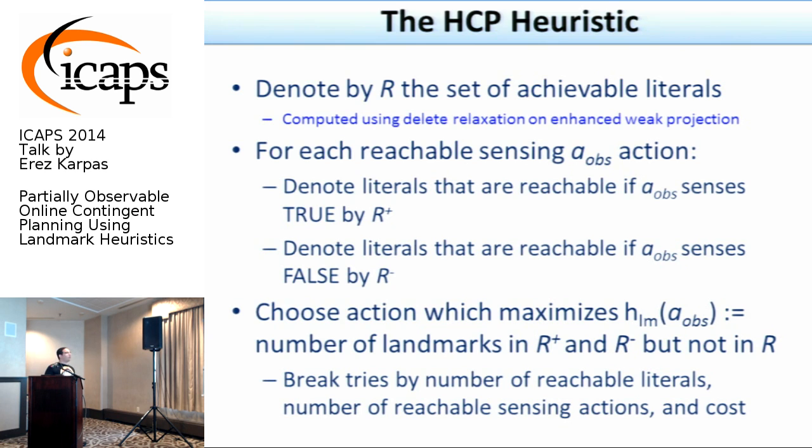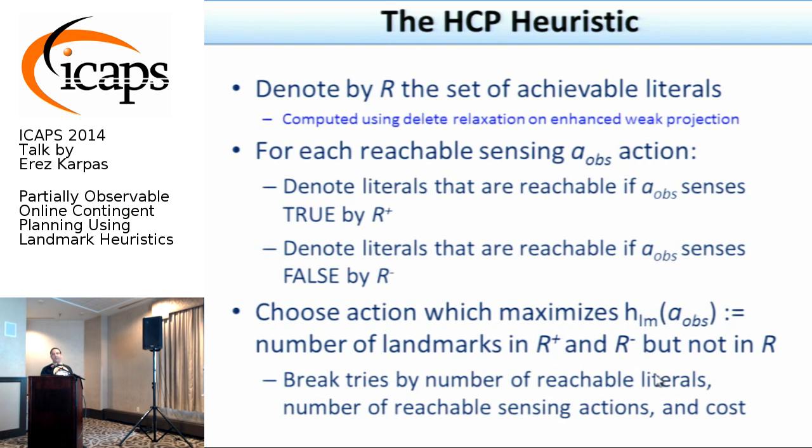So we're going to assume that our observation action senses true and denote the literals that are reachable by R+. And then we're going to assume that it senses false and denote what is reachable after that by R-. And then we're going to choose an action that maximizes the number of landmarks in R+ and R-, but not in R. So basically, the number of landmarks which become achievable after I apply the sensing action. Okay?